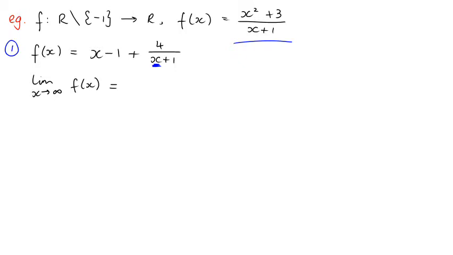So because the fraction is so infinitely small, we can discard it, and we can say that the limit approaches this one here. So as x approaches infinity, the function approaches x minus 1.